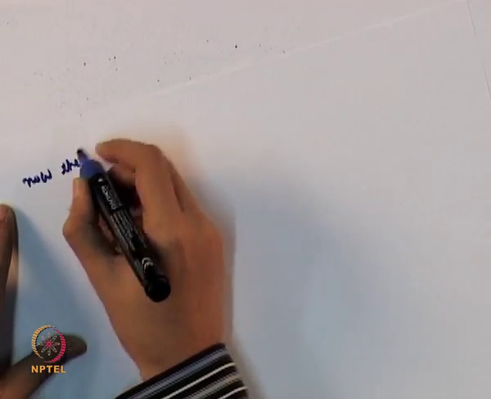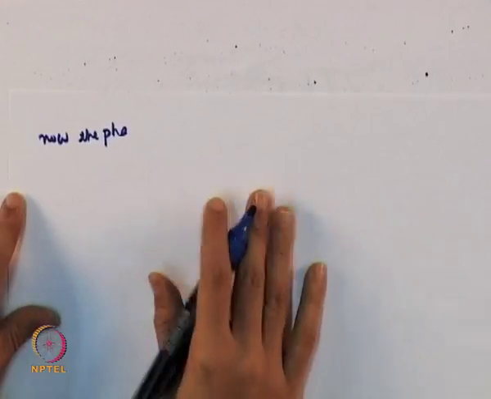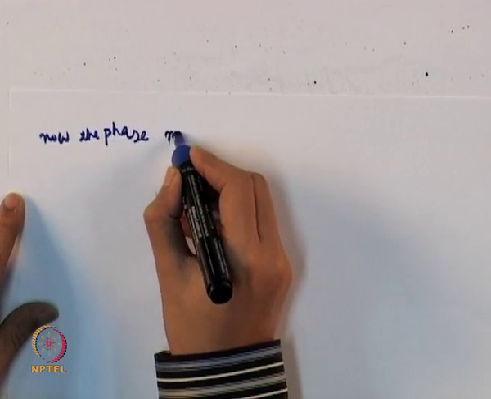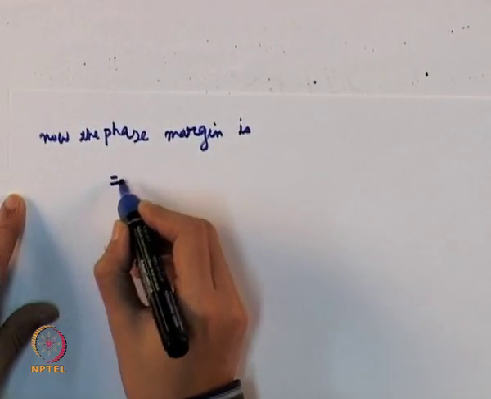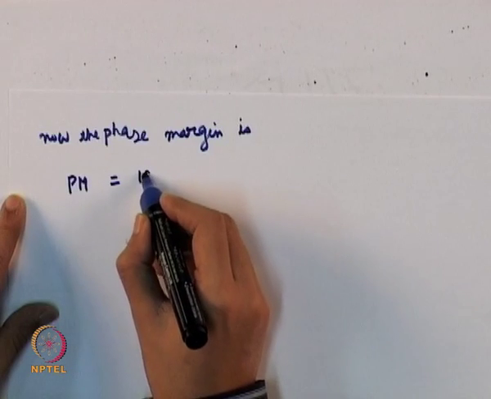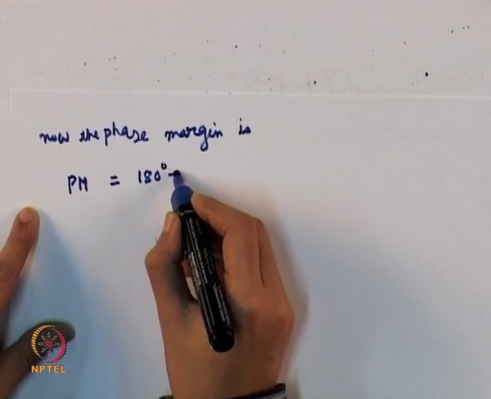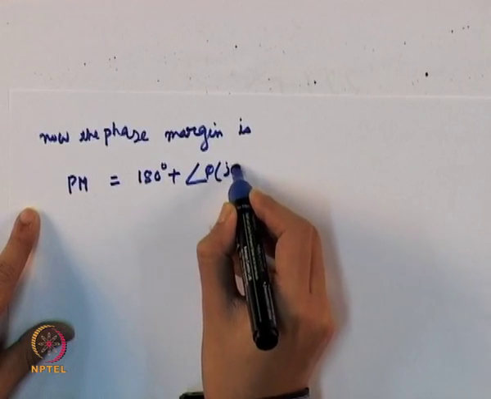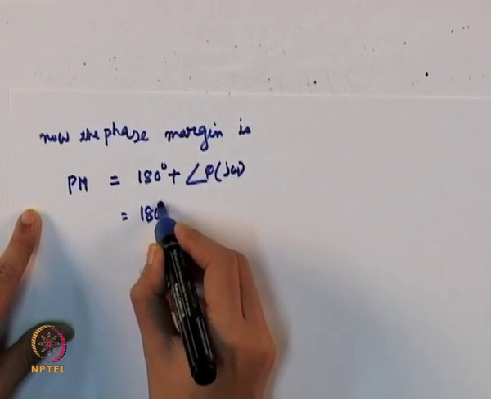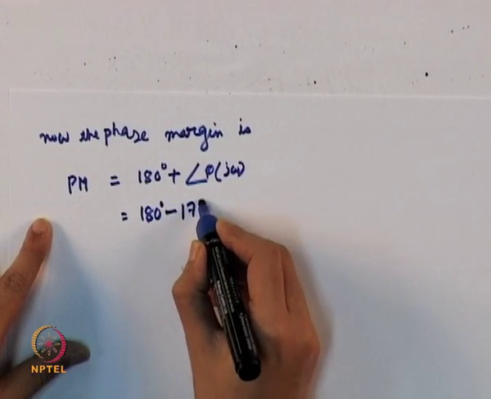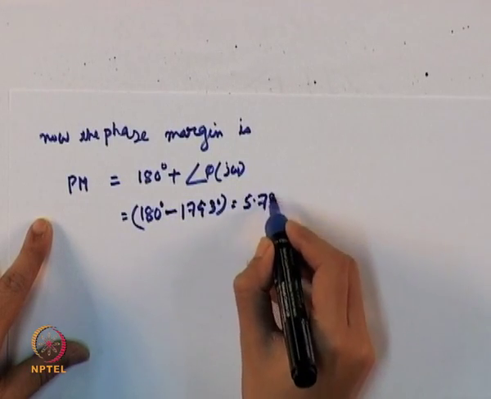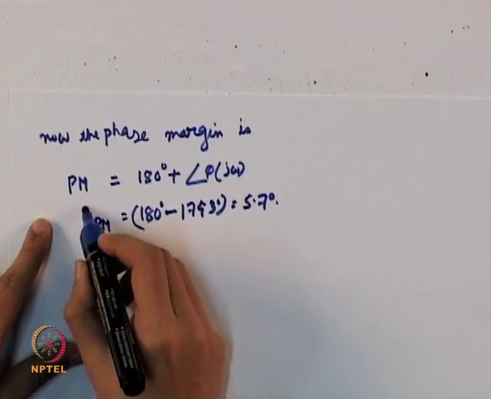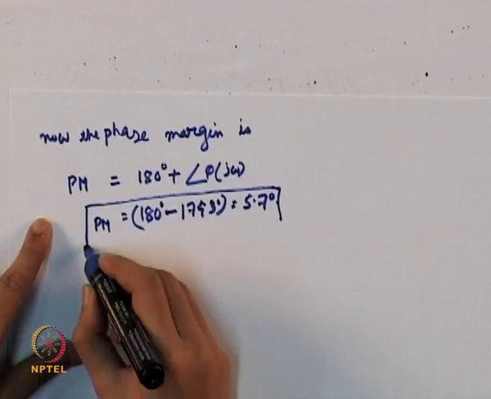Now, the phase margin is the difference between these two: 180 degrees plus phi of j omega. So, minus 174.3 degrees gives 5.7. This is our phase margin, which has been asked in part C.